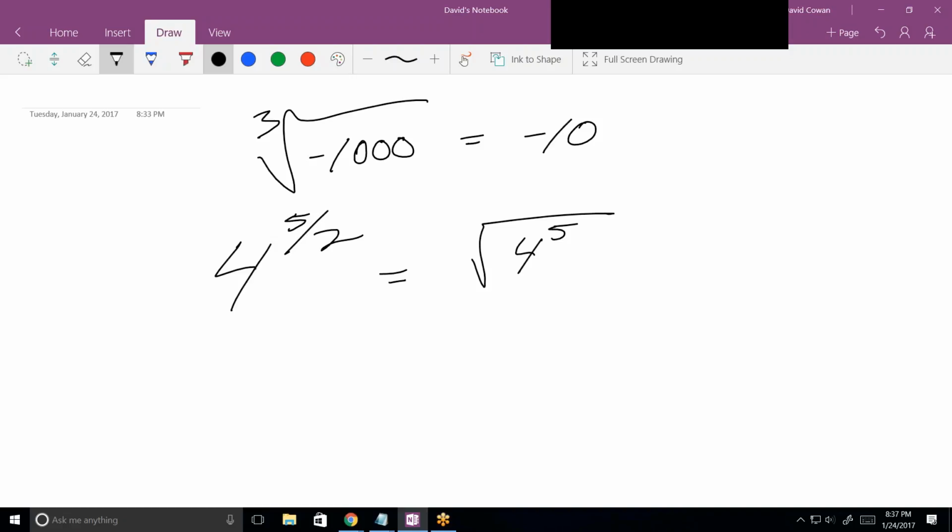So you're always better off taking the denominator first, and you will end up with much smaller numbers. In other words, if I take the square root of 4 first, that's 2, and now I know that 2 to the 5th power is 32. I didn't have to deal with as big a number.